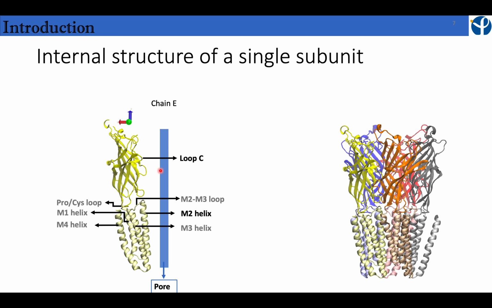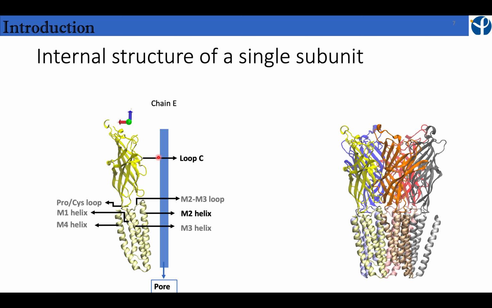Now let's talk about some details of a single subunit. As I said, the bottom part is the narrowest part, the selective pore part. We have 4 helices, M1, M2, M3, and M4, and in the top part we have many beta strands, but also some loops that are functionally very important.